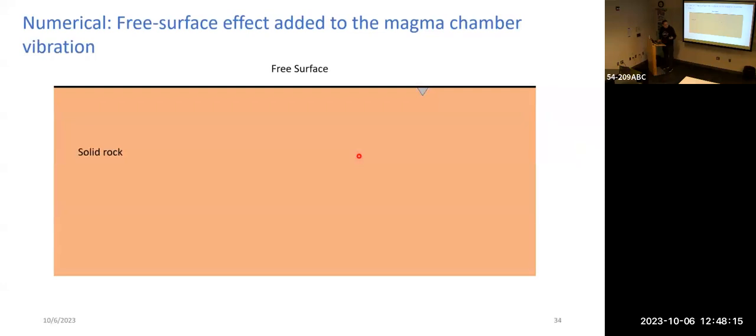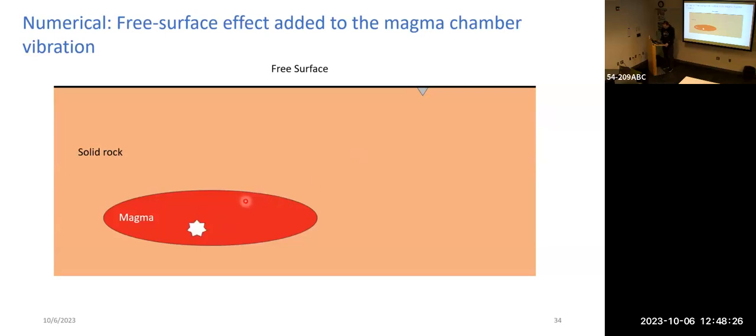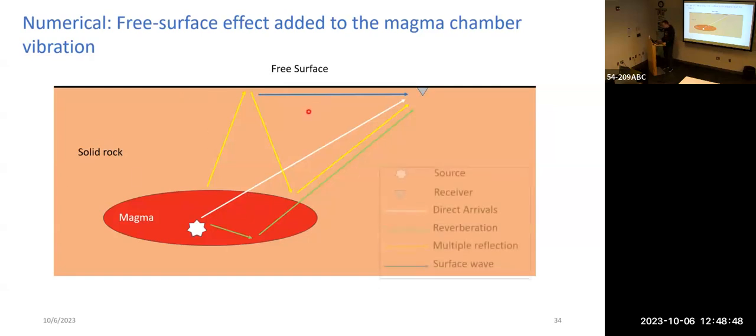So here is the basic physics of that problem. We have the free surface, and we have the background rock formation, and we have the magma chamber inclusion, and we added a source. So first we can observe the direct arrivals and some resonance in the magma chamber. But after the free surface is added to the geometry, we have the surface multiples and the surface waves. So all those waves come together.